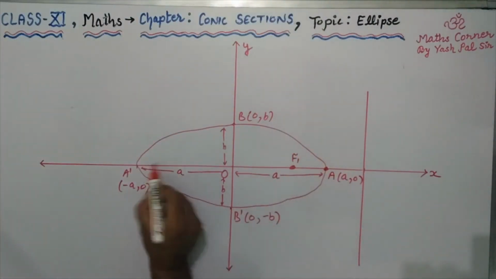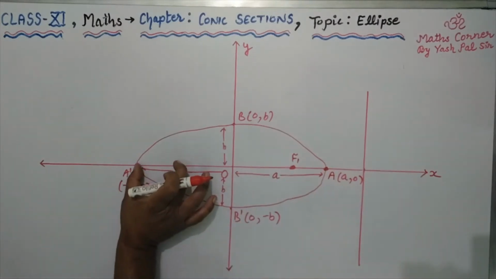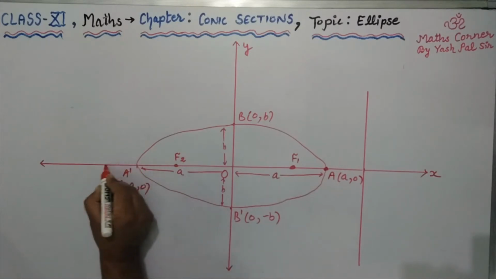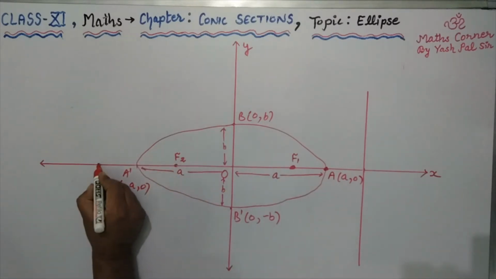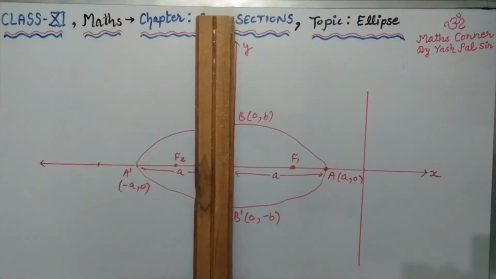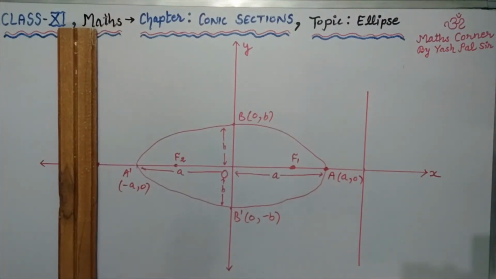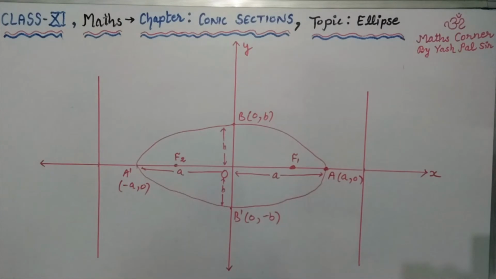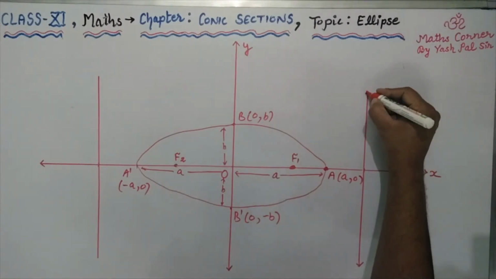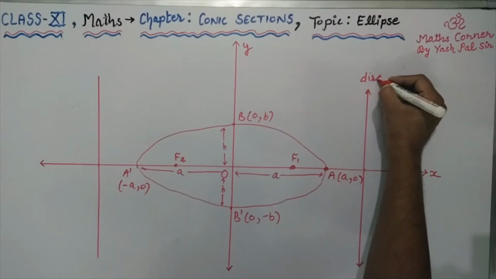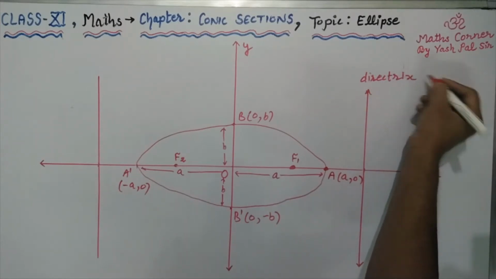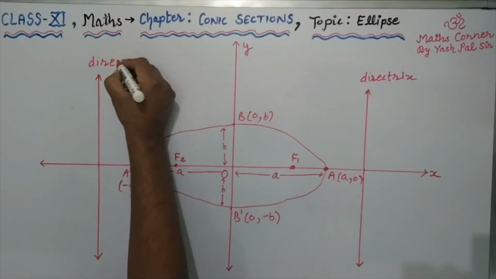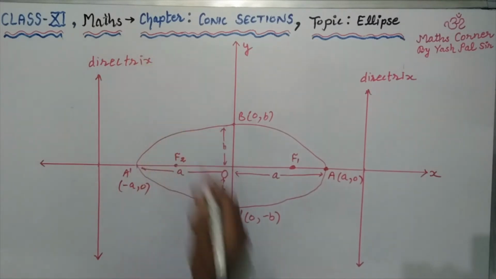Similarly, the second same distance here, this is the second fixed point F2, to the left side same distance, and through this parallel to y-axis we have the second line, this is also fixed line, the second directrix of the ellipse. So these two lines are the directrices of the ellipse.